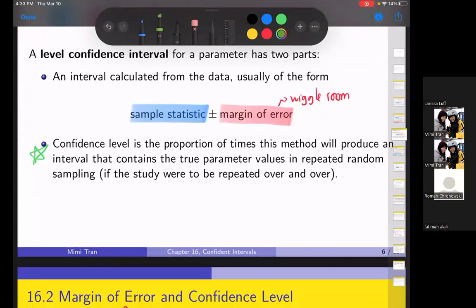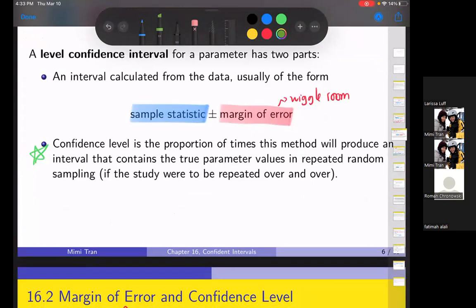So for example, if I repeat the process 100 times and I'm 95% confident, then I'm saying that 95 out of 100 of those confidence intervals are going to contain my true value. That's what I mean.